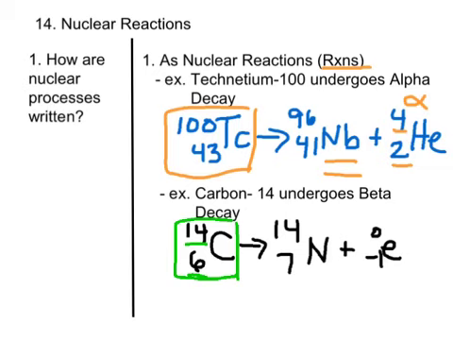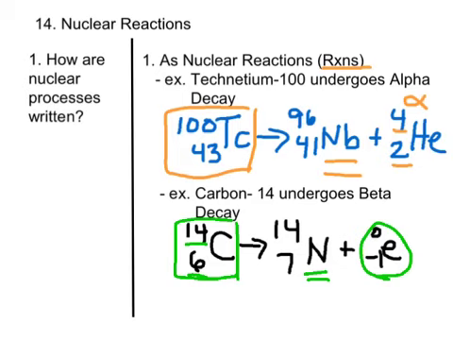And it's undergoing what's called beta decay, which I'll talk about, all of the alpha and beta and stuff like that, in just a few minutes. But in this case, we're ending up with a new element, and we're spitting out something from the nucleus. And in this case, it's called a beta particle.